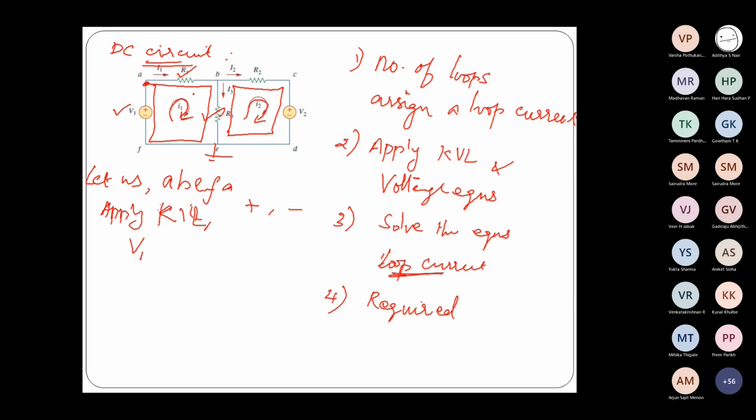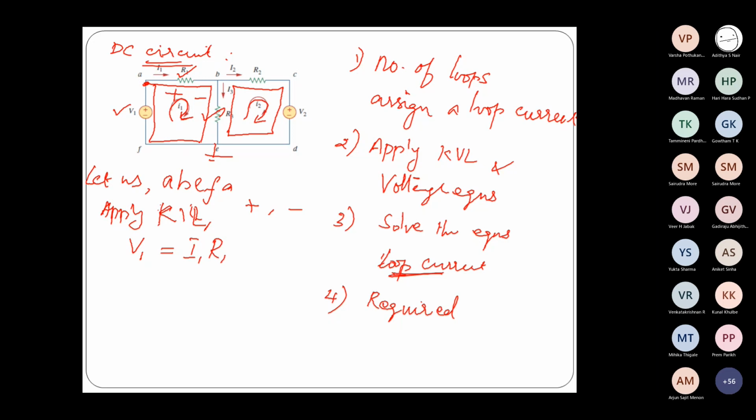Current flows from higher potential to lower potential, so there is a voltage drop across the resistor R1. Let us write it on the other side: voltage rise is equal to voltage drop. Only the current I1 flows through R1, so it is I1 into R1.